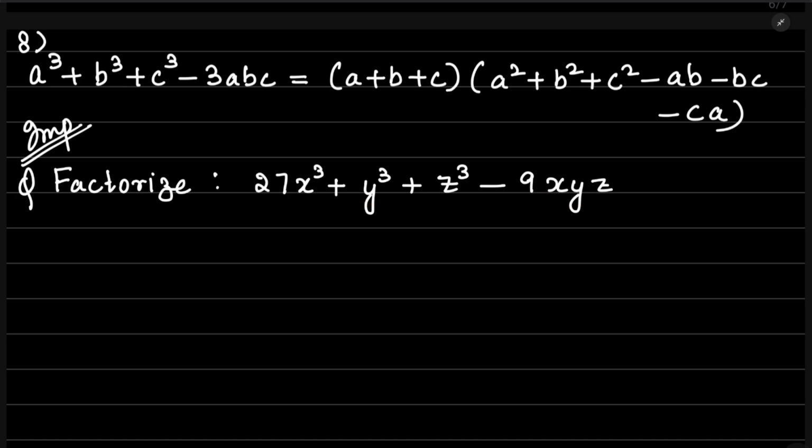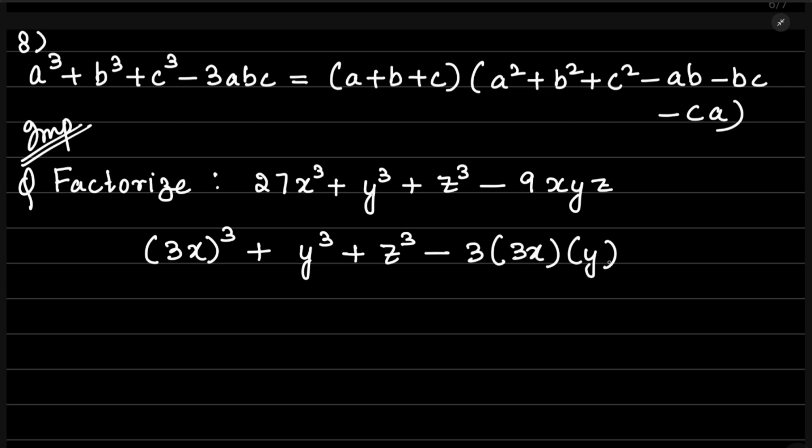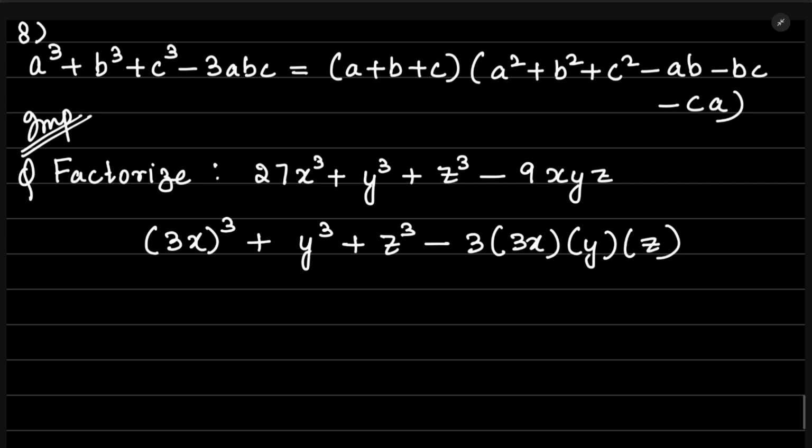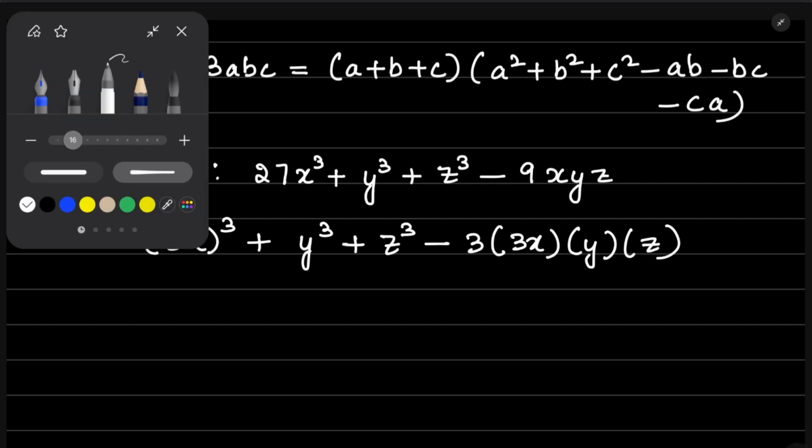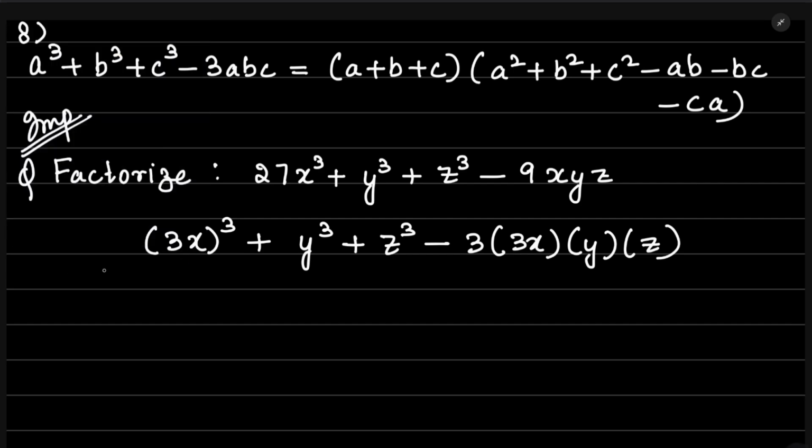You will get 3x the whole cube plus y cube plus z cube minus 3 into 3x into y multiplied by z. So a is 3x, b is y, and c is z.